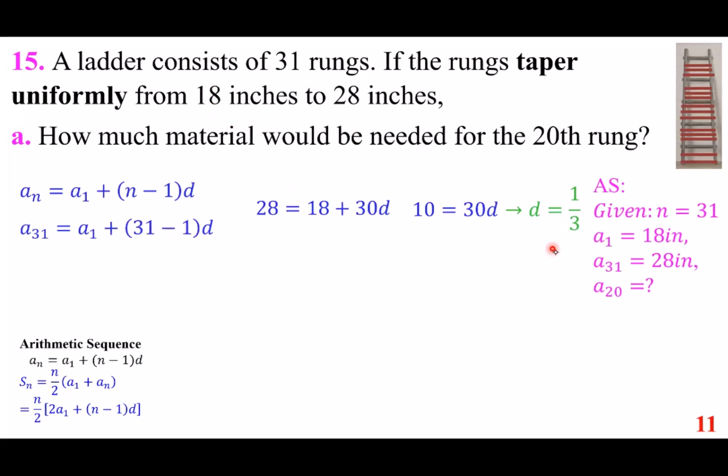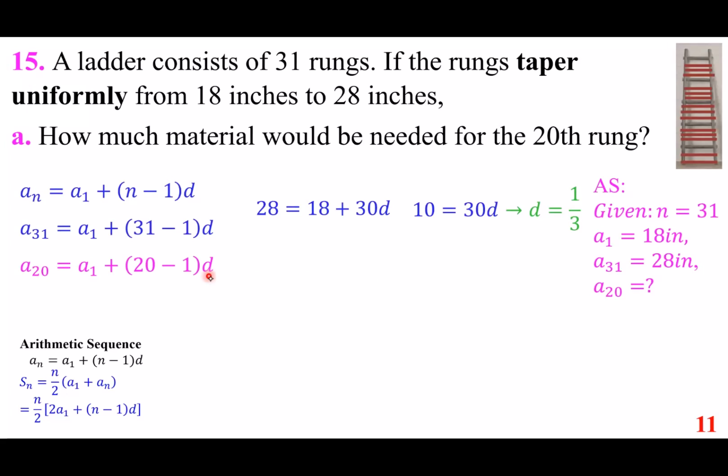And so now that we have this, we want A sub 20, which is A sub 1, according to this formula, plus 20 minus 1 times d. And we know A sub 1 to be 18, and we found d to be 1/3. Let's plug in.